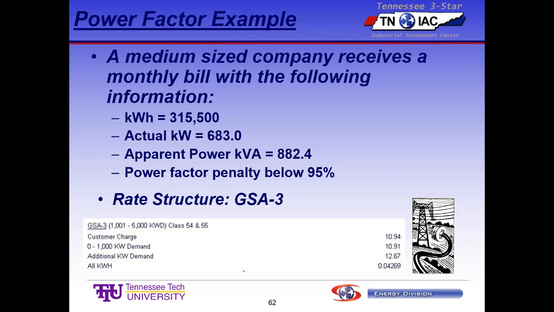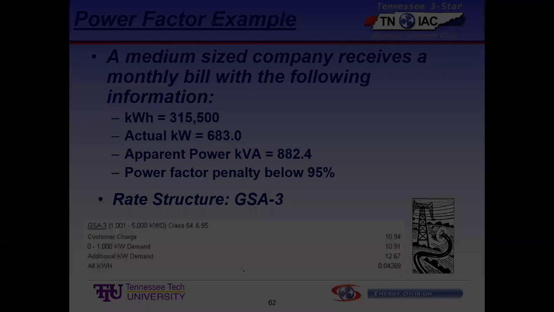And then on the demand, the first 0 through 1,000 kW was $10.91, and they didn't go above that. The additional got more expensive, but that 12.67 rate won't come into play here. And then on the energy side, it's pretty simple. All kilowatt hours are 4.269 cents per kilowatt hour. So pretty easy.